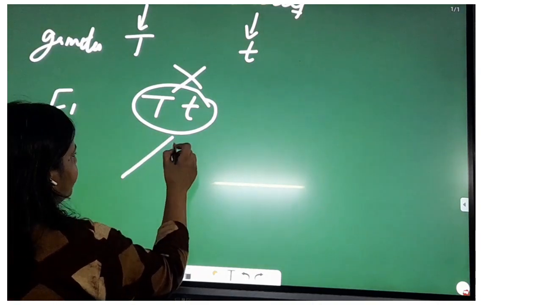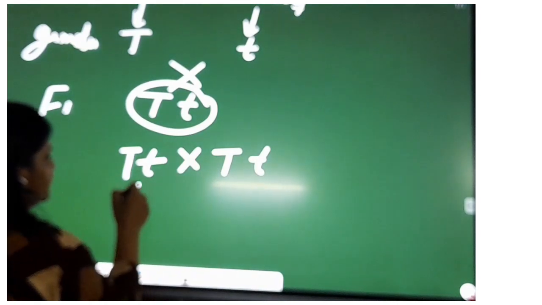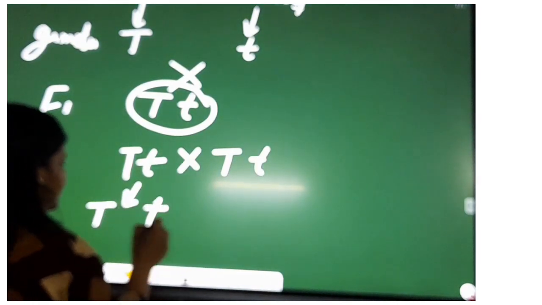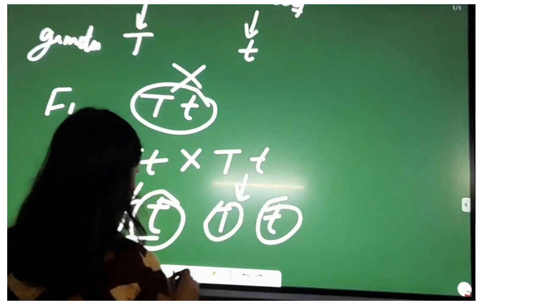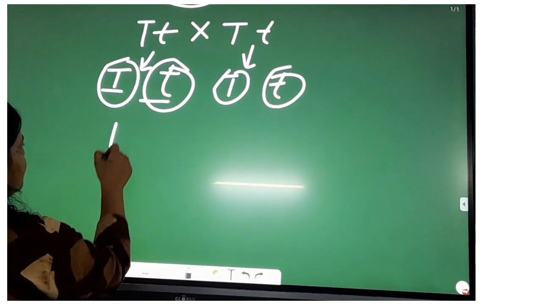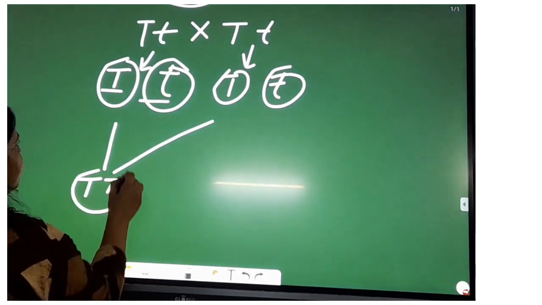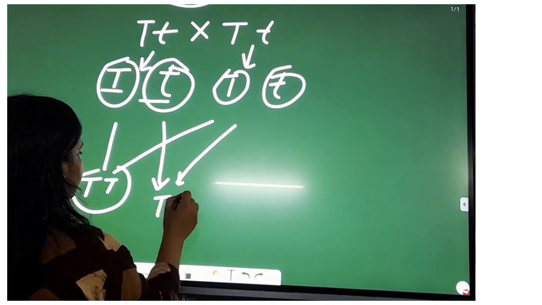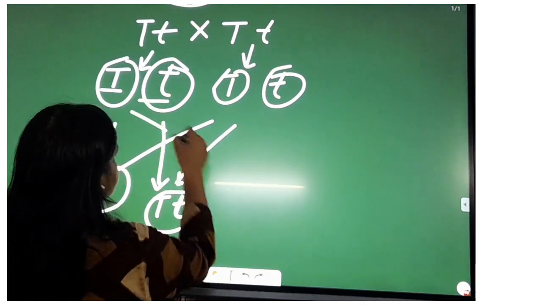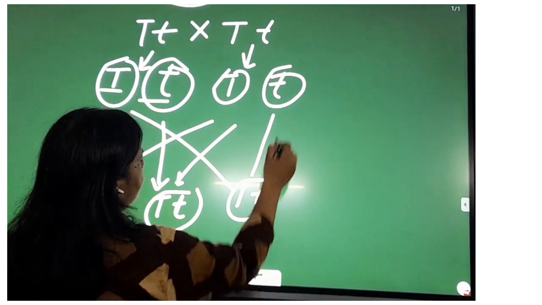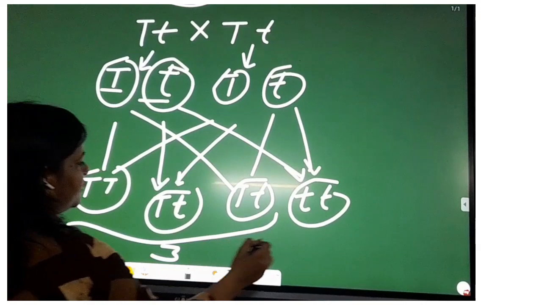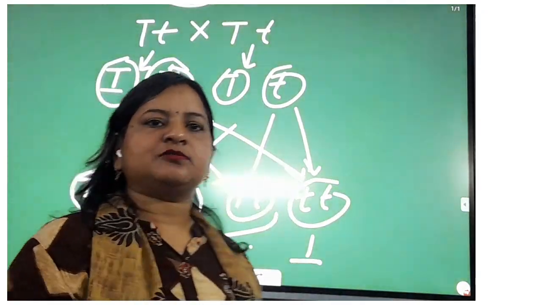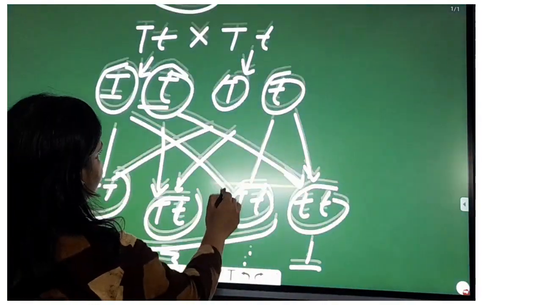By selfing, these were taken as parents, and each can produce 2 types of gametes, and they cross with each other to form different combinations. Like this. From here, 3 were tall and 1 was dwarf, and this can also be obtained by the Punnett square.